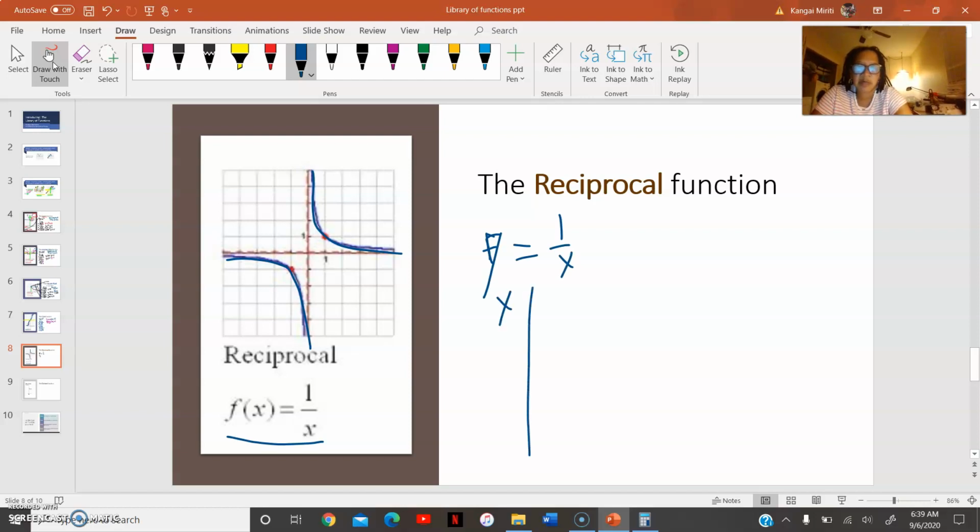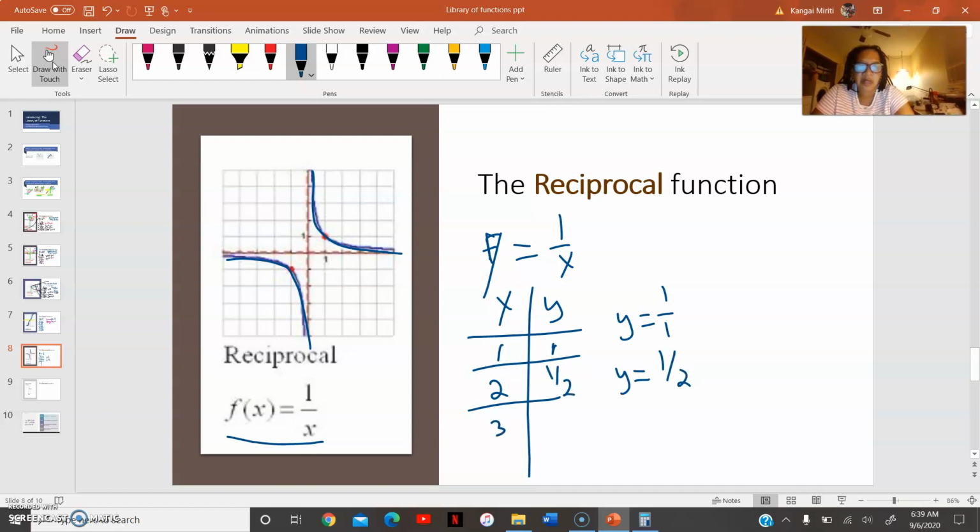And what would some of these points look like if we put in values for x? Well, certainly if I put in 1, y equals 1 over 1 would give me 1. But if I put in 2, y equals 1/2, I'm getting a fraction. 3, I'm putting in, I get 1/3, and so forth. So far, what are we seeing?